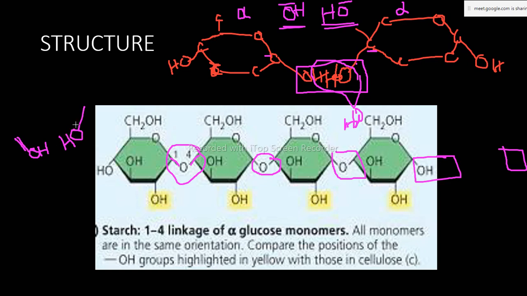Now I don't want to go more into chemistry, but the oxygen of one glucose molecule is going to come and take away the hydrogen of another glucose molecule, so that the two form a water molecule. So if you do this and you form water, then this oxygen is going to remain and form a glycosidic bond.